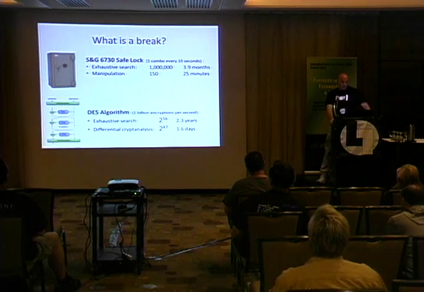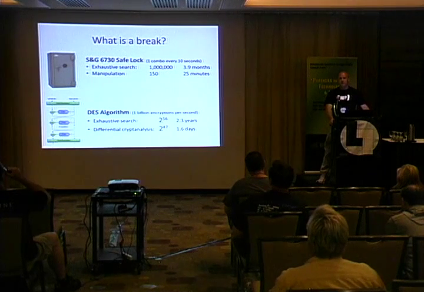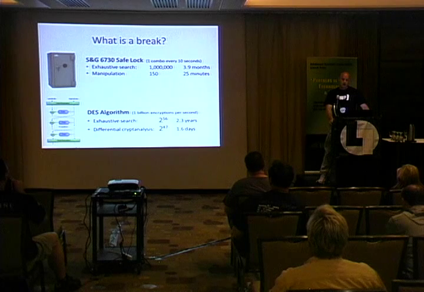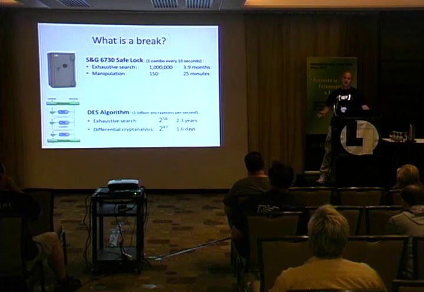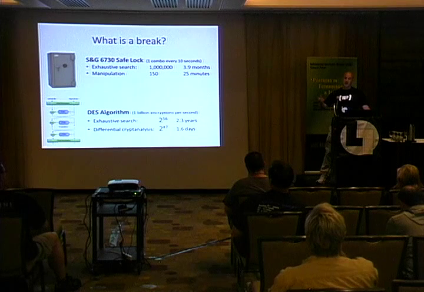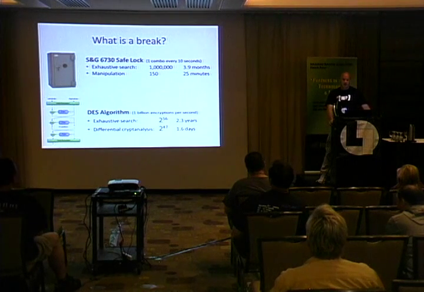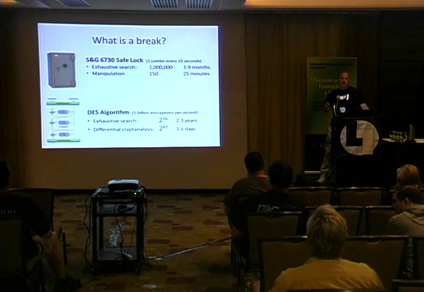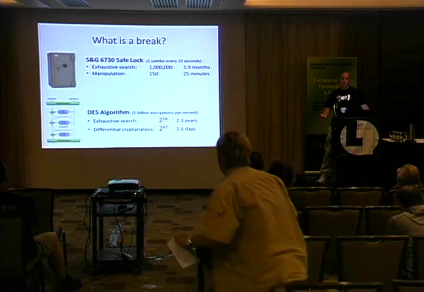All right, before we start talking about breaking ciphers, we have to define what is a break. What do we mean that we broke a cipher? To do it by brute force means that you're testing every single possible key. The analogy is you're testing every single combo on a safe dial. When you break crypto, you're trying to find the key in less computational effort than exhaustive search.